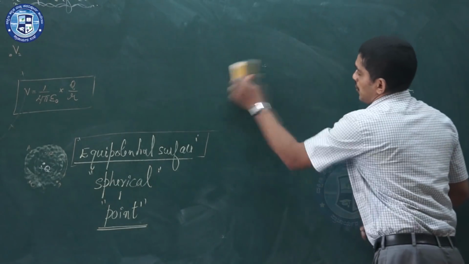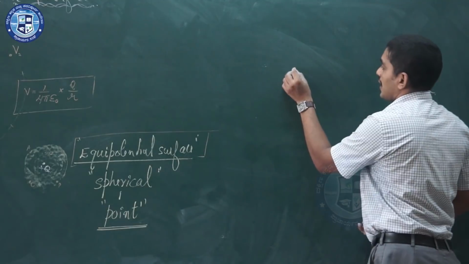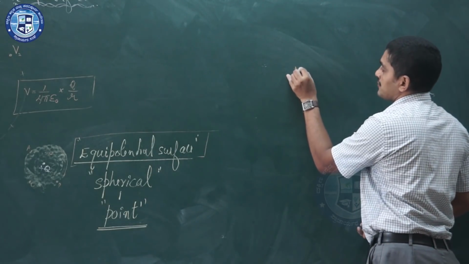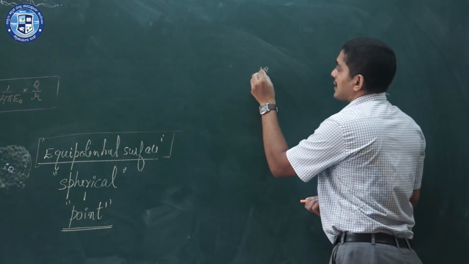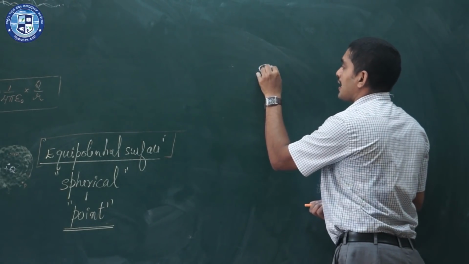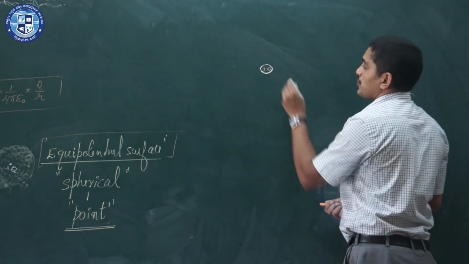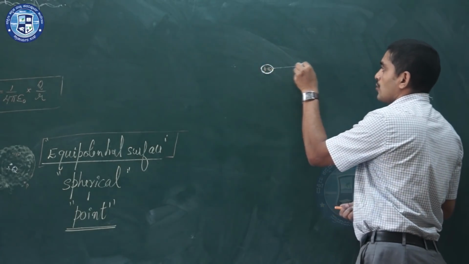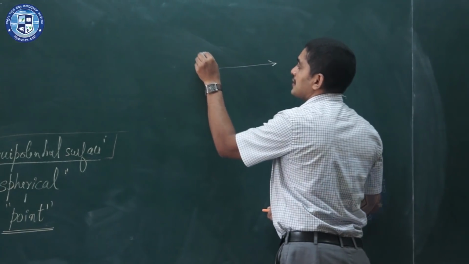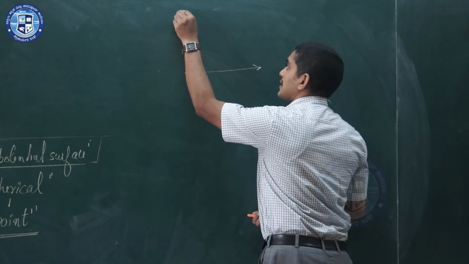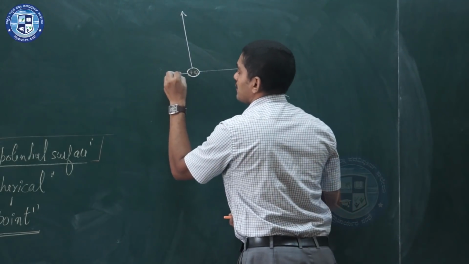Think of a positive charge, say plus q. We know that the electric field radially diverges outward from a positive charge. How do we draw the electric field lines? We draw them like this. Electric field lines are imaginary lines, not solid ones.